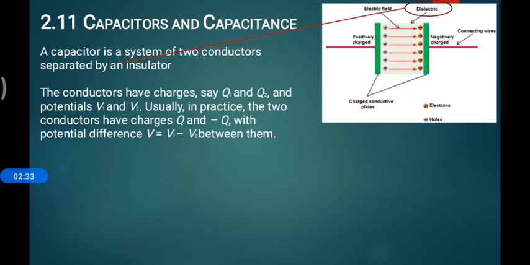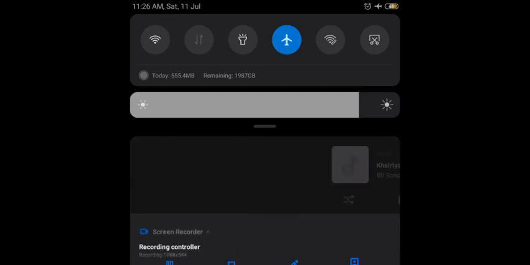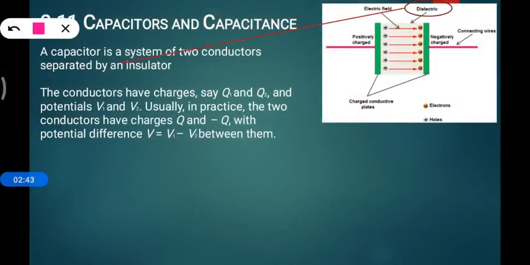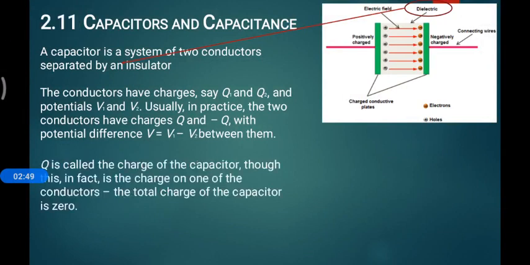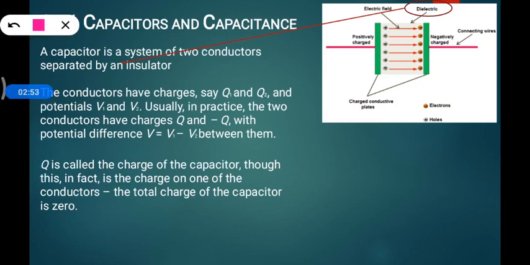Then the potential difference between the two plates is nothing but V1 minus V2. Q is called the charge of the capacitor; in fact it is the charge on one of the conductors. So the total charge of the capacitor is 0.